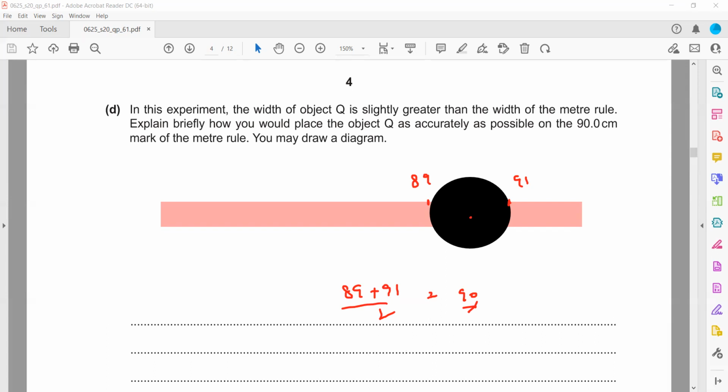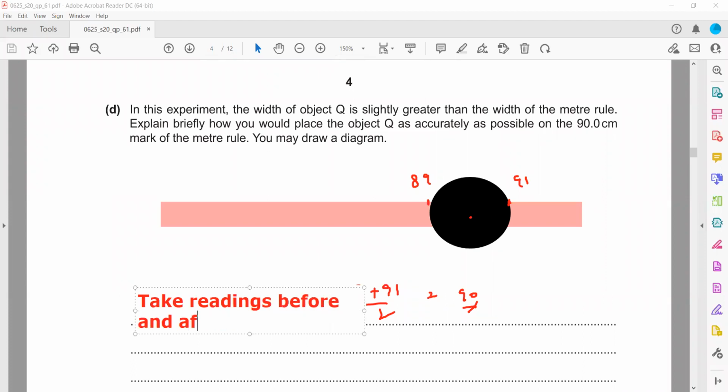So how do we write this answer? We will measure the value before and after the object and take an average to determine the position of the center. So take two readings before and after the object.